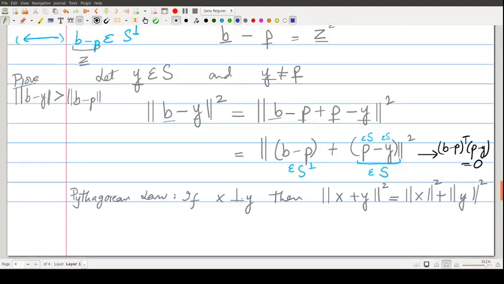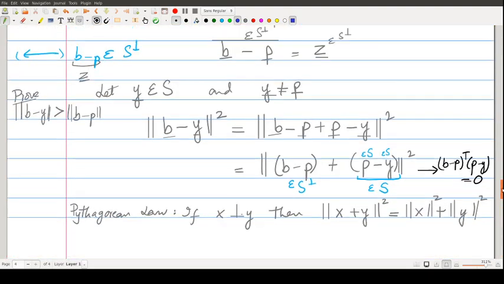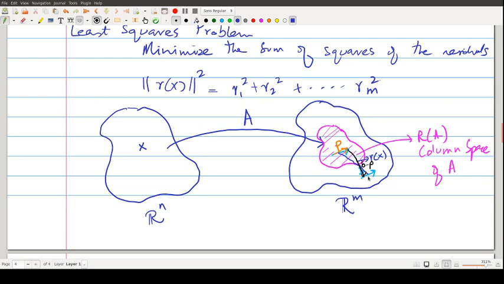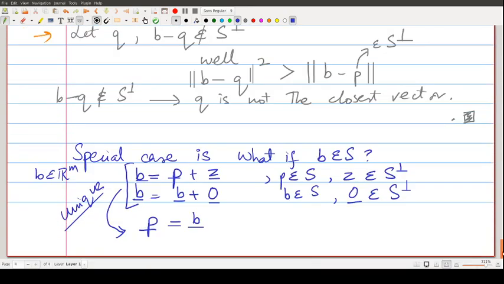So in other words, it's saying a very trivial thing. It's saying that when you have this vector inside your subspace, the closest vector that you can find is itself, right? So the vector in this space that's going to be closest to the vector is going to be itself. If that's not clear, let me just draw a diagram.